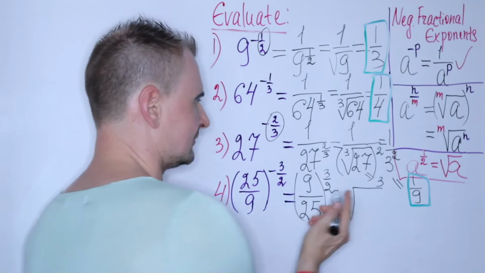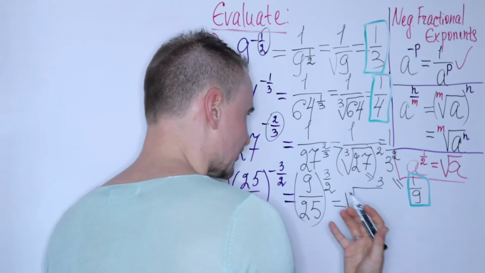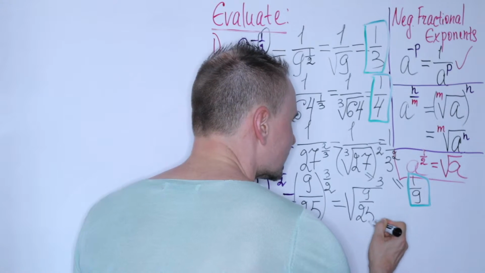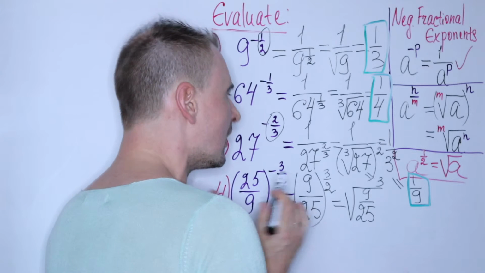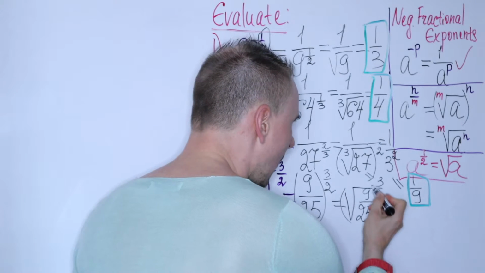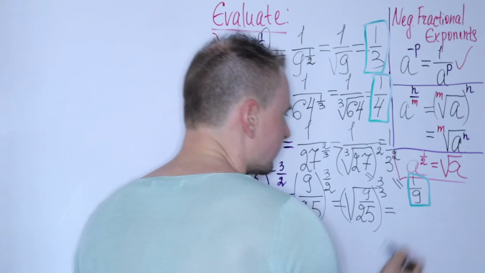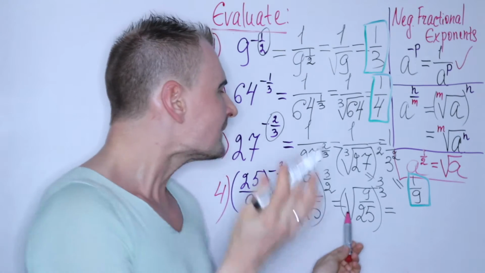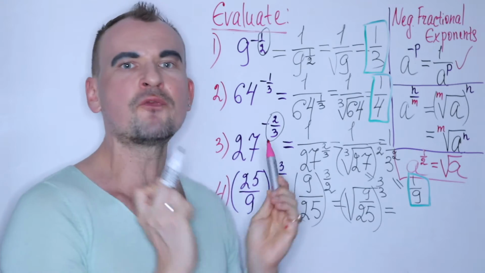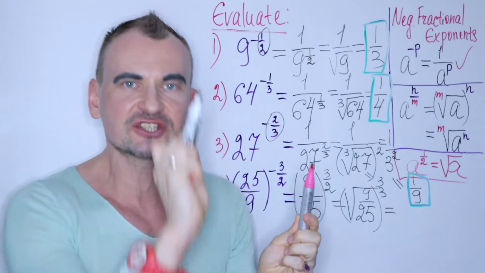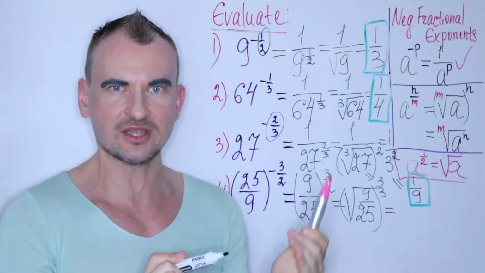We don't write 2 explicitly over here, so it's just a square root. 9 over 25, this entire fraction goes underneath your root symbol, and all this thing raised to the third power, so cubed. So recall that square root of a fraction can be broken down, can be split up as square root of top over square root of bottom.